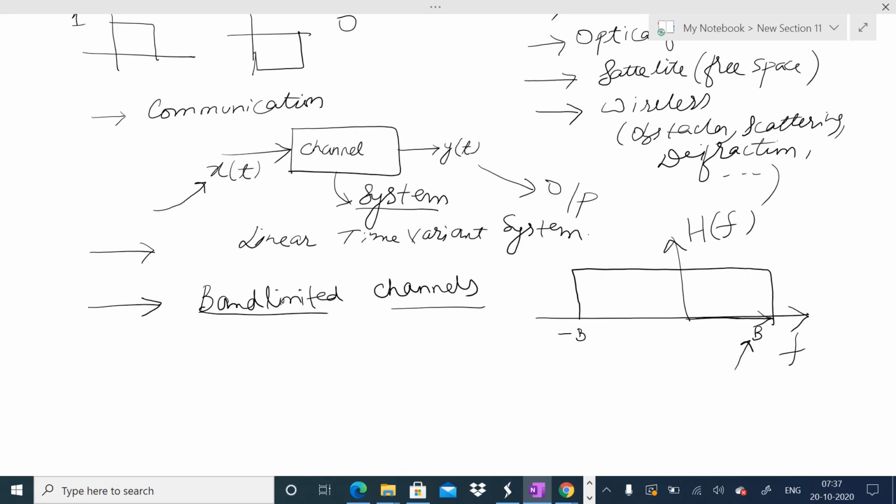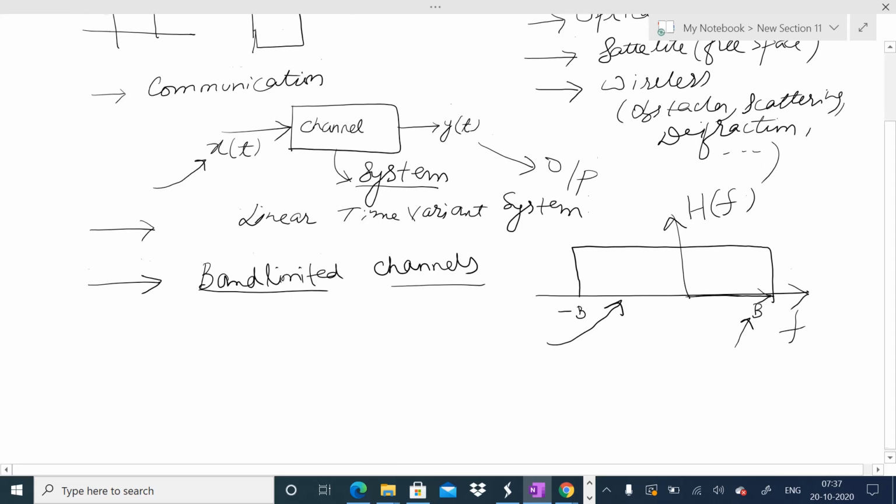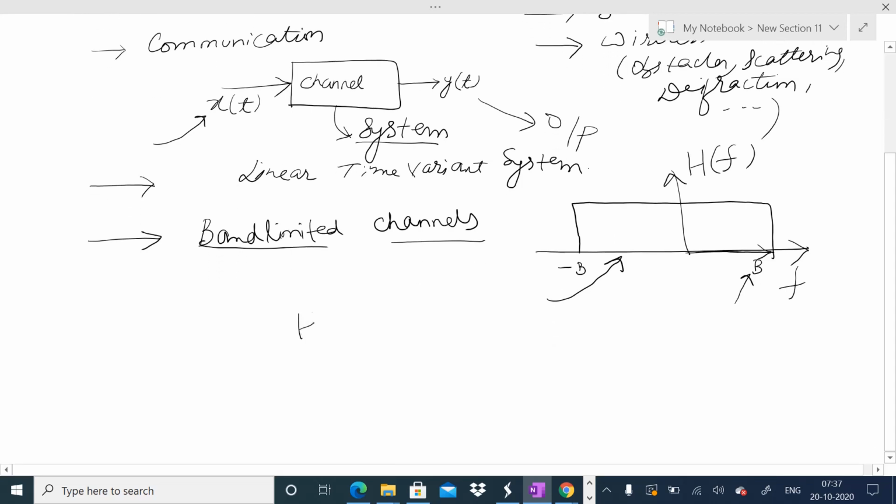But here is the fact: if we have this ideal channel whose transfer function, or frequency response, is like this, it is a band limited channel. So this is H of f and it is a rectangular function.